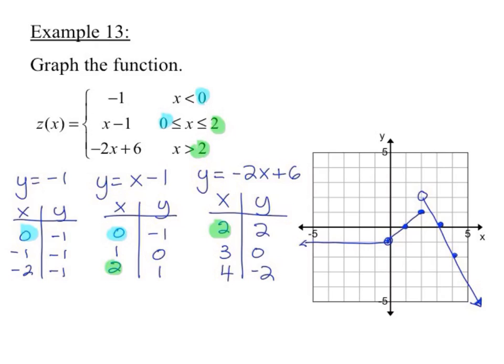Now this end point here, that 2 is going to be an open circle because there's no line underneath that inequality. 2 is included with the middle portion, but not with this bottom line. And so that would graph that piecewise function defined by these 3 equations on these 3 intervals.